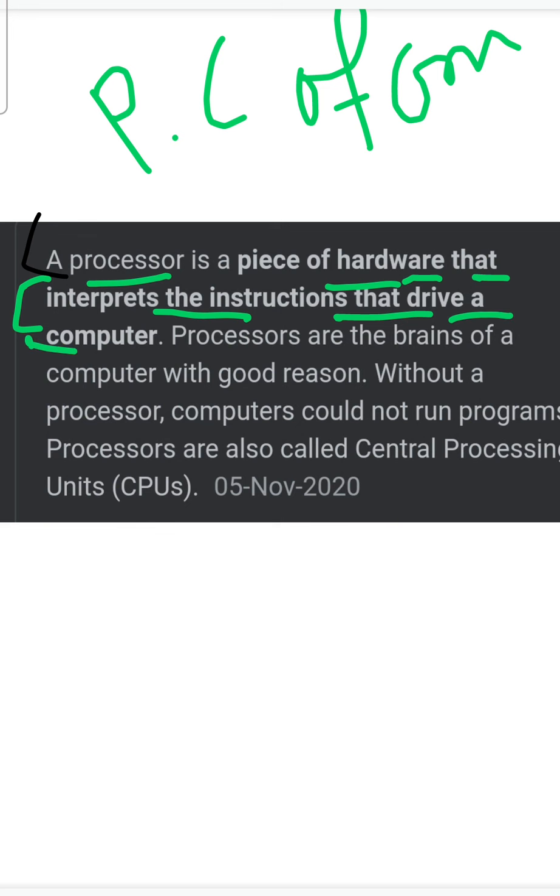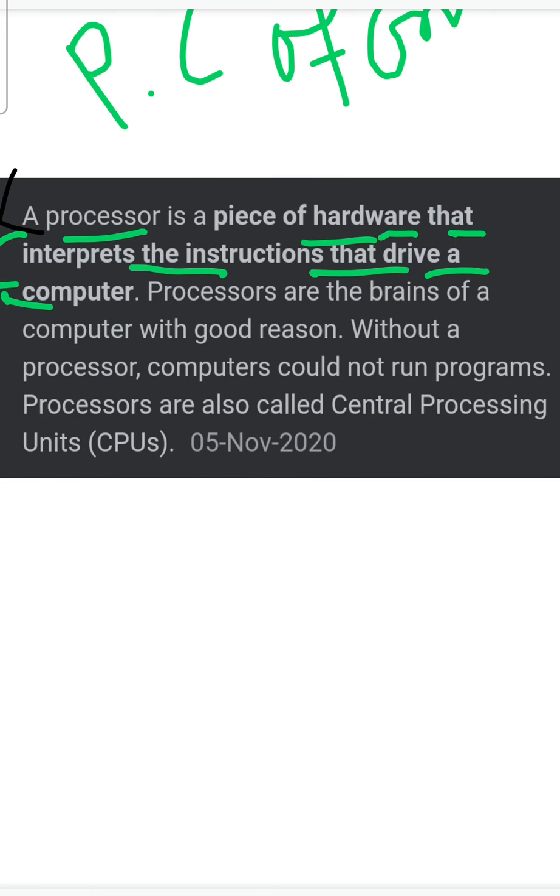Easily said, to drive a computer there are some instructions, and these instructions are interpreted by the processor. So this is also called the brain of a computer.